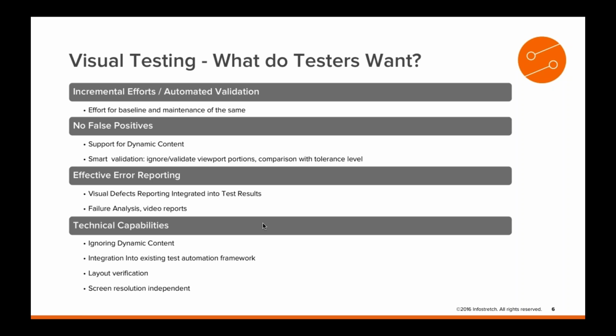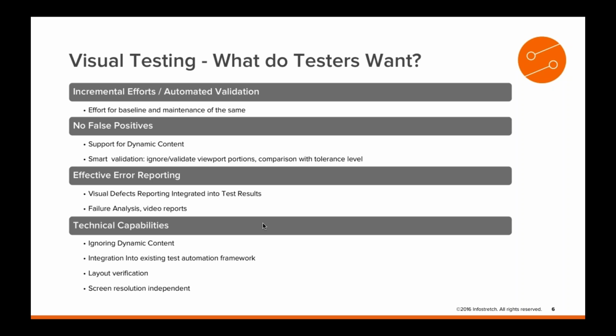So let's move on. Let's understand what testers want from the perspective of how to go about testing for these visual deformities, right? As I explained, the process of GUI testing or GUI automation is already a very manually intensive, labor-intensive process. And the last thing you want is incorporation of yet another tool and yet another methodology through which you will do visual testing, right?